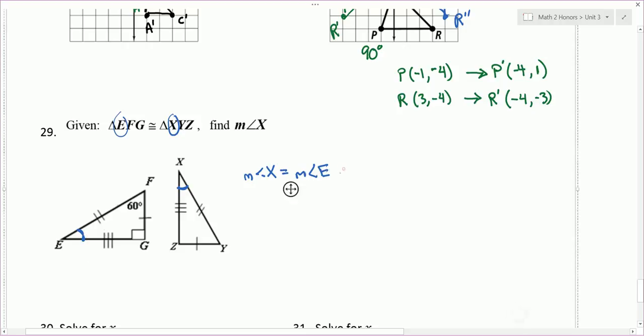And we know that the measure of angle E is, well, I think we can get 30 degrees by looking at it, but if you can't, let's call that x. X plus 60 degrees plus 90 degrees is your 180 degrees, because all three angles inside the triangle add up to 180.